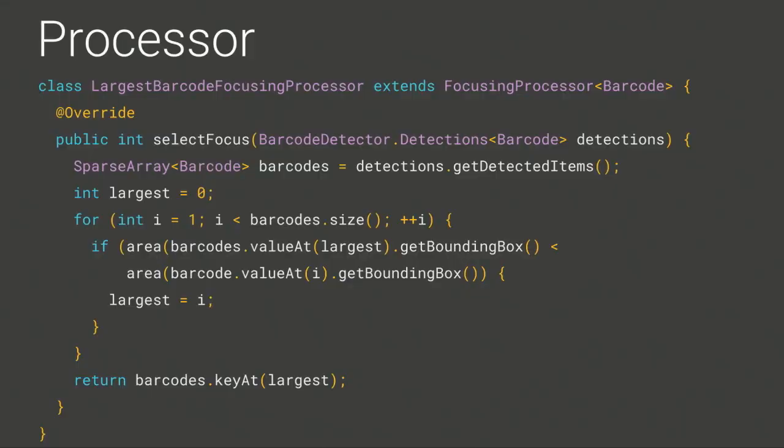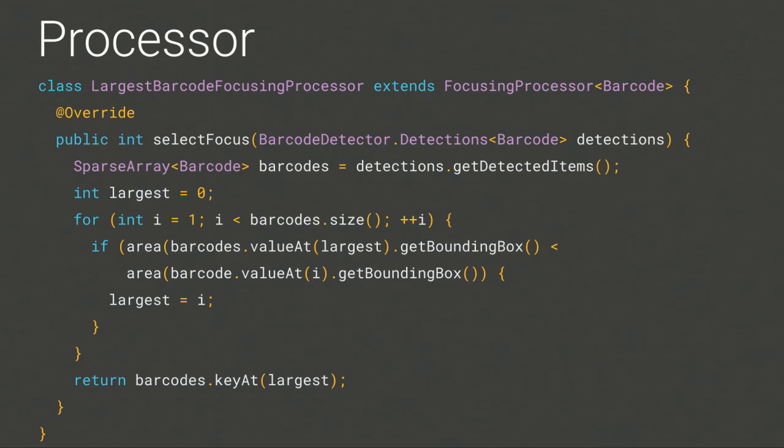So this is what the code looks like. You want to override the select focus method. Again, select focus method is only called when there's no item to be focused on. So you get a batch of barcode detections coming in, you select which barcode you want to focus on. That barcode will continue to send notifications to the tracker until its undone is called on that barcode.